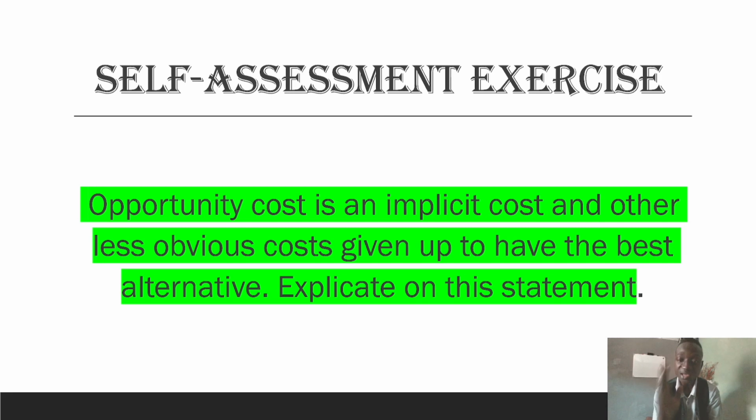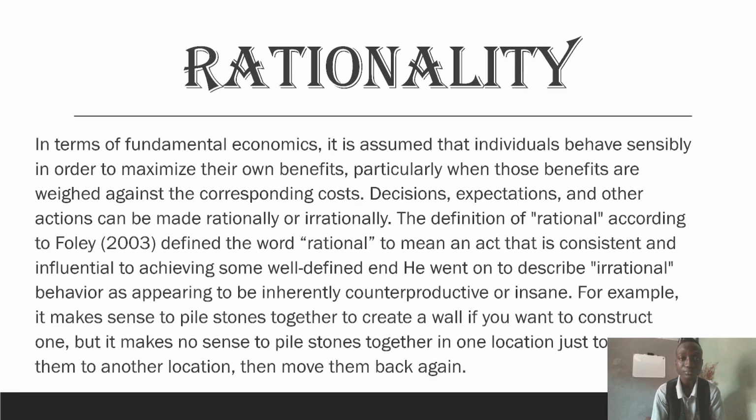So one has to let go, then take the particular one which is the major one that you feel will be of the best advantage to you. This process of letting go is where the implicit cost steps in. You can further buttress this point, and I would love to see your answer in the comment section. With this being said, let's move to the next slide.